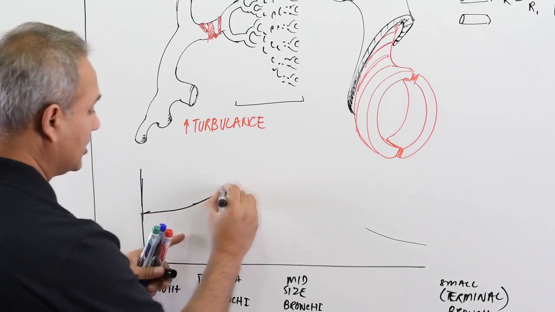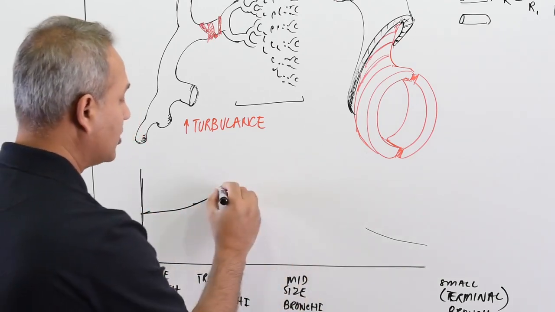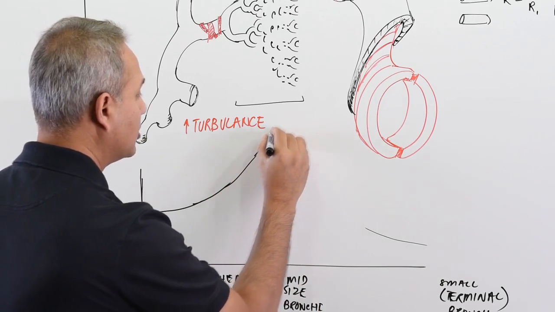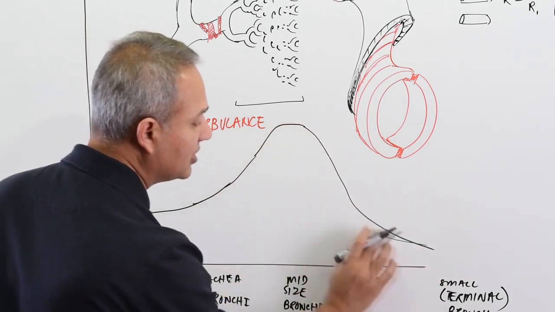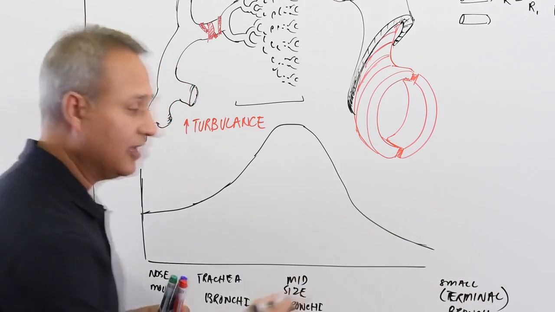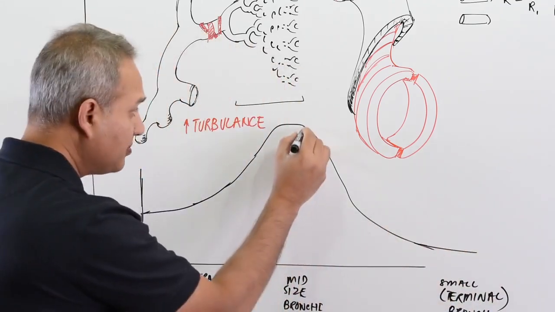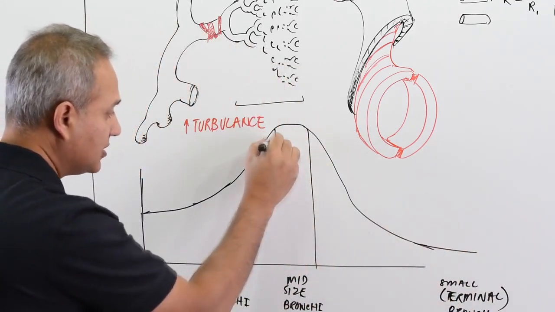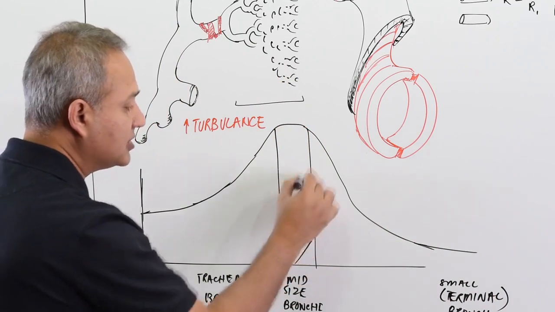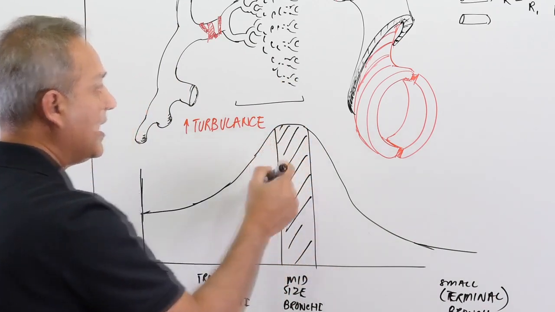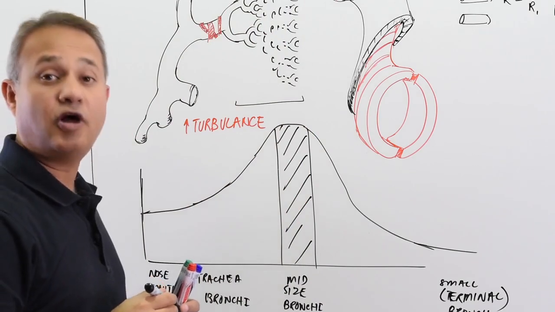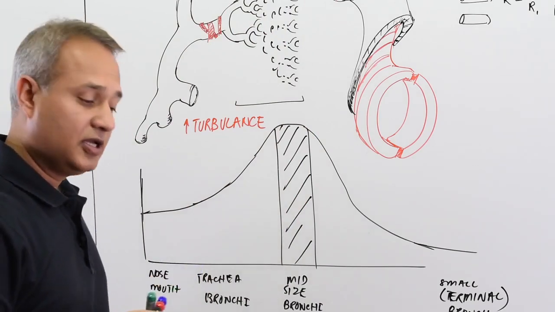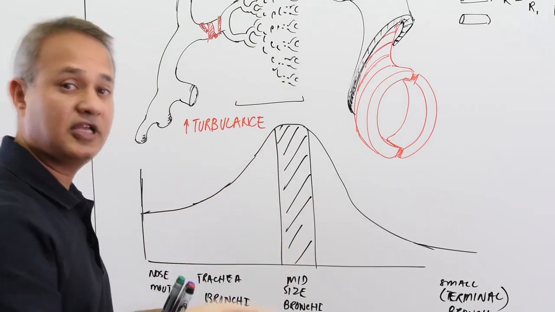So here it would start going up. In the mid-size bronchi and bronchioles, it is maximum, and then it starts falling for the smaller airways. So the maximum resistance is present at the mid-size airways. They offer the maximum resistance, not the terminal airways.